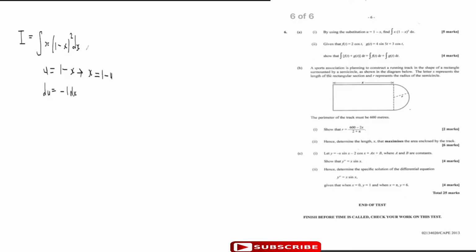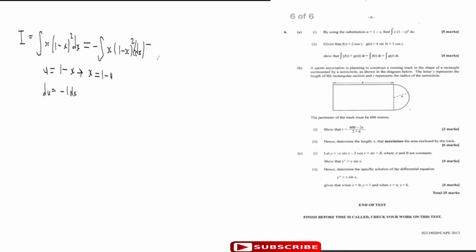And so good. So I'm going to rewrite this integral as the integral of minus x times 1 minus x squared minus dx. You might wonder, why did I put a minus dx? I put a minus dx so I can substitute du for minus dx here and the minus on the outside.